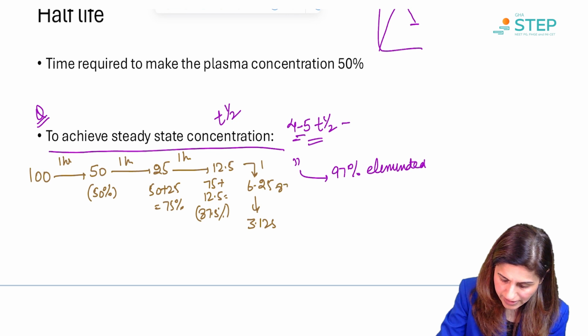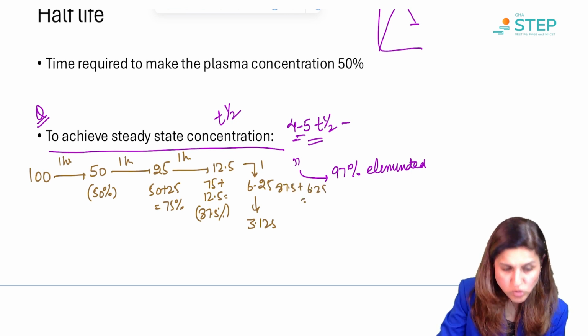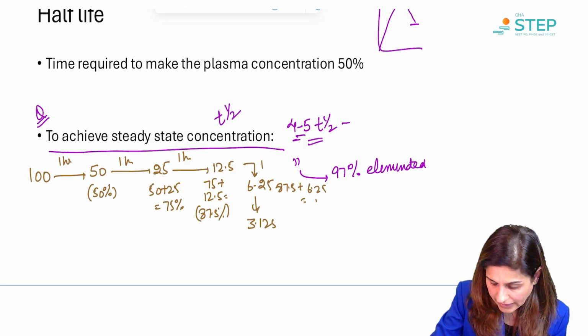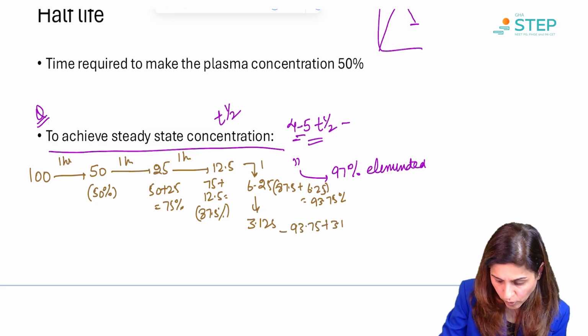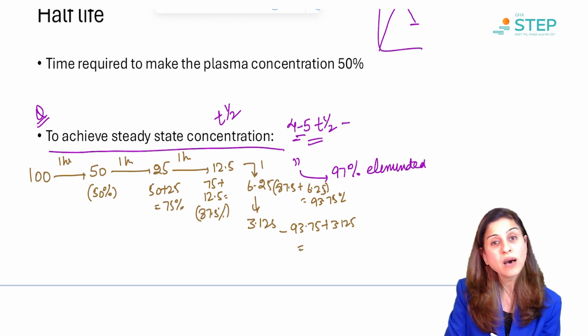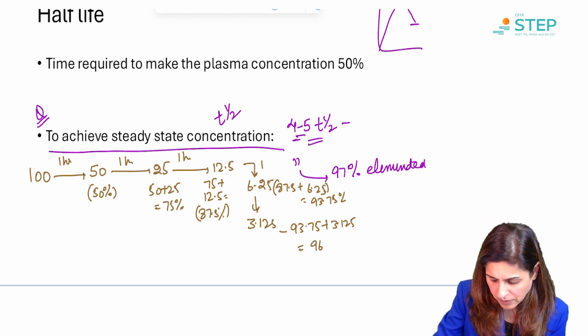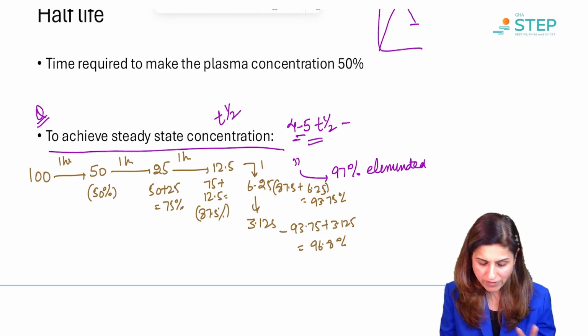Now here it is 87.5 plus 6.25, so this is 93.75% of the drug eliminated. Now here it is 93.75 plus 3.125. So how much is it? Approximately 97%. Right?